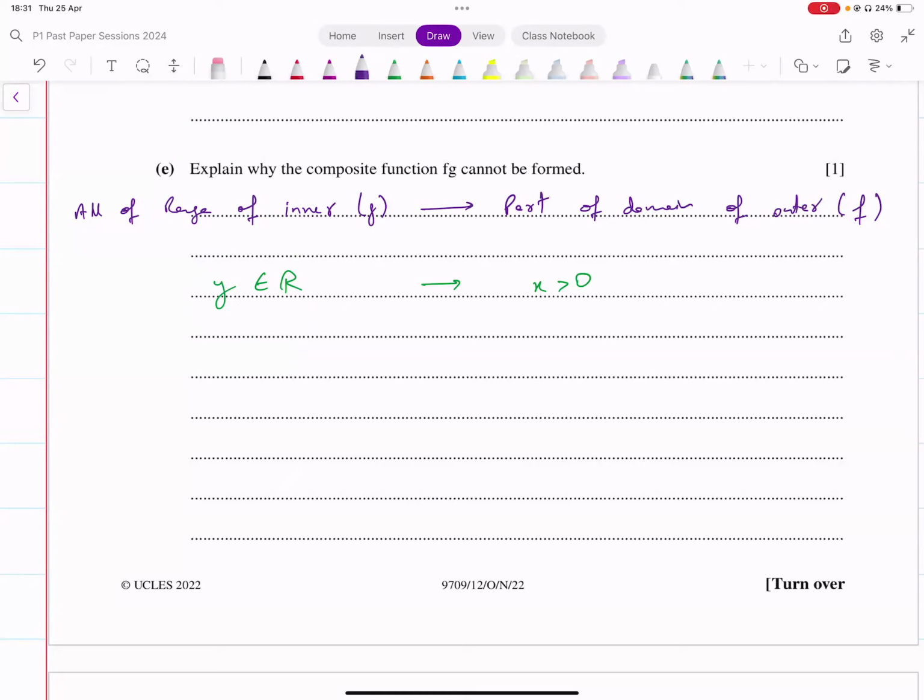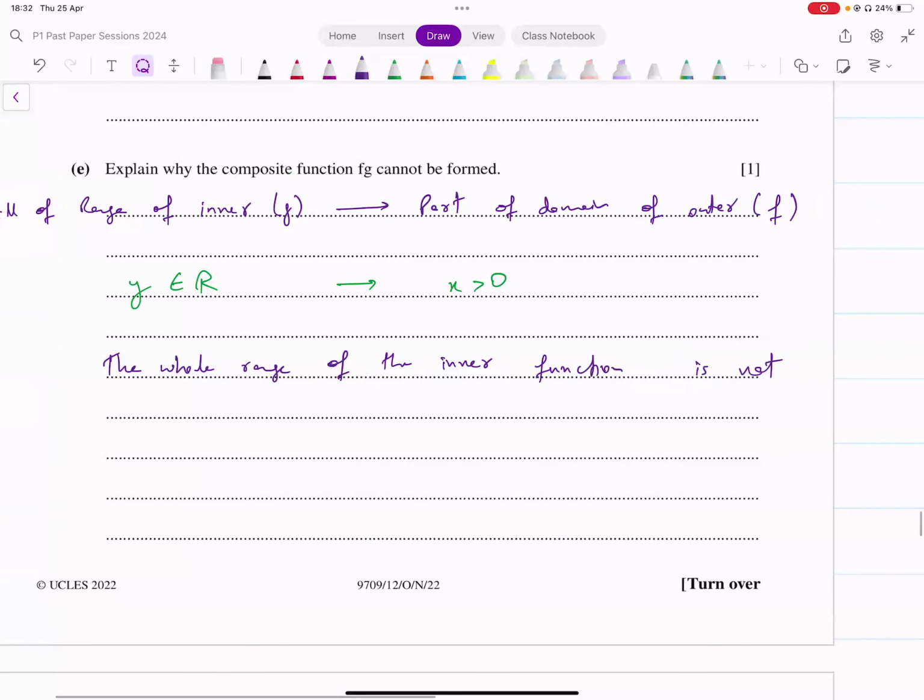So what do we say then? This function cannot be formed because the range of g, all of that, is not part of the domain of f. That's what we write here. You say the whole range of the inner function, because all of that has to be part of the domain of the outer function, is not, and you have to specify which inner function.